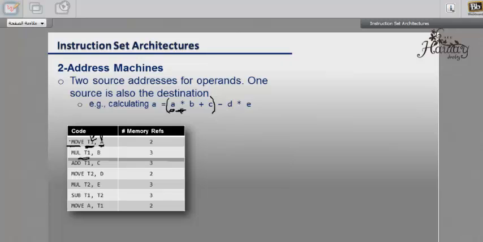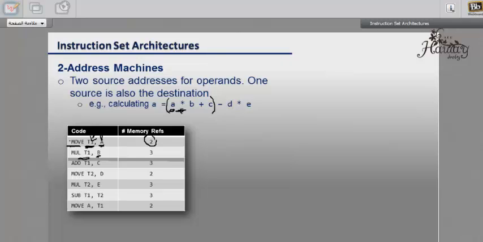Obviously we multiply T1, because T1 has the value of A. We multiply T1 by B. Right, in the first step, the move always has to access the memory. How? You need to get the value of A and store it inside T1.